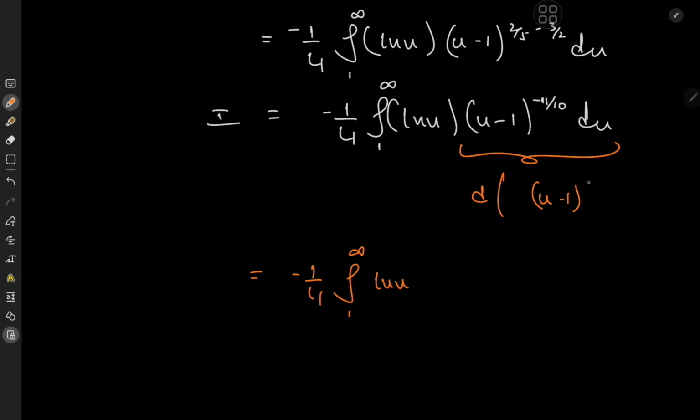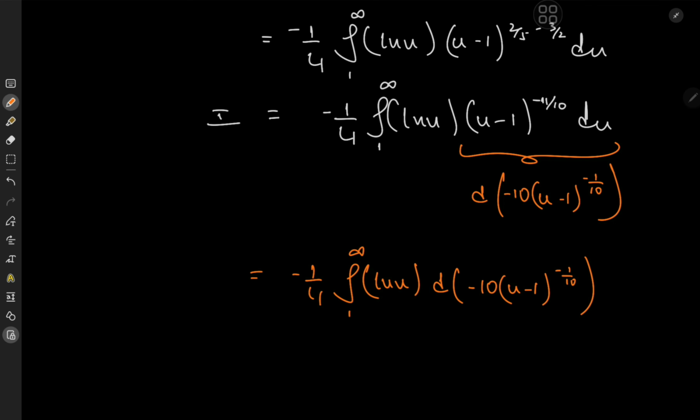We need a -11/10, so that's minus 1/10 over here. I'm gonna get that downstairs, which means I just need a -10 over here, and that should do the trick. Okay, cool. So we got log u d of -10 (u minus 1)^(-1/10).